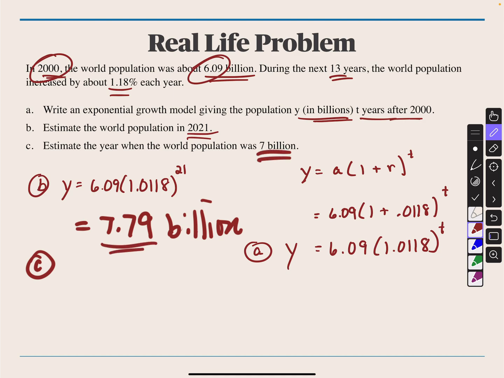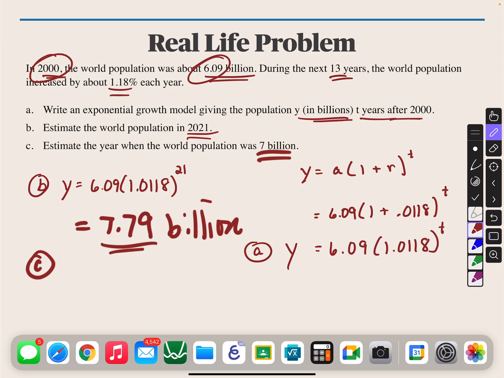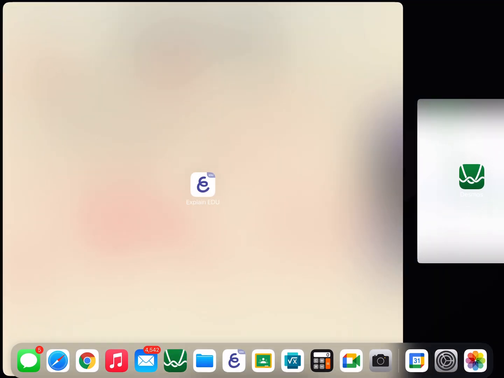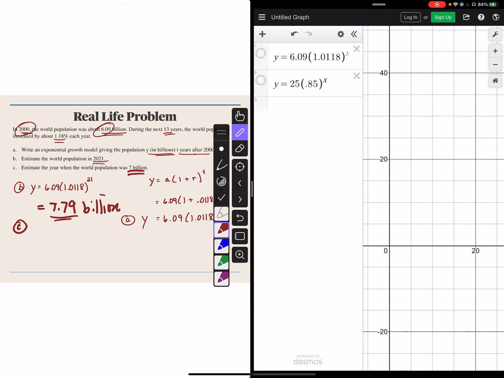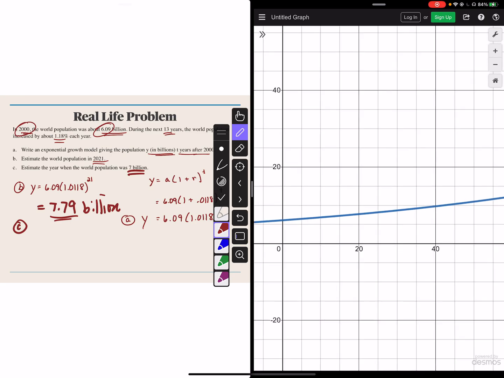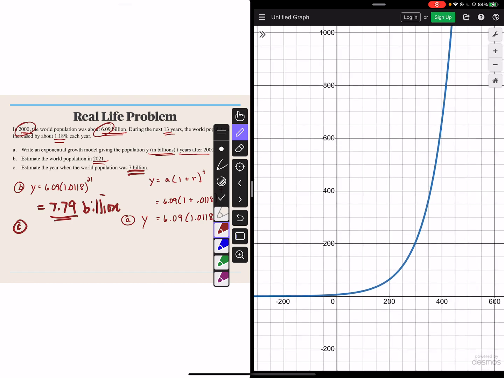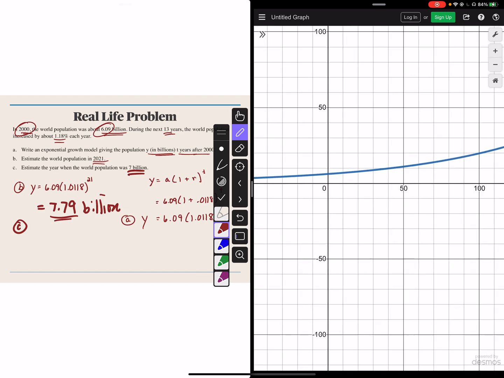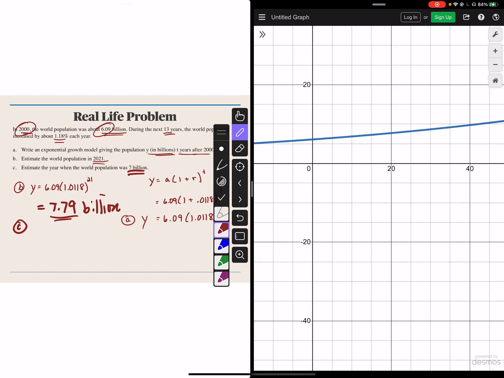So it's going to be less than 21 years. So again, we're just going to graph this. I think I had it already on here as well. There it is. So here's what that growth function looks like. See, if I zoom out, it is exponential growth. We don't have to go that far out though. Here is our y-intercept. When time is 0 in 2000, it was 6.09 billion people, and we want to find out when it's going to be 7.